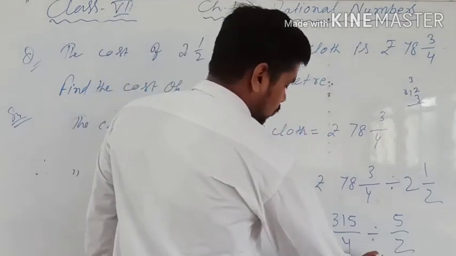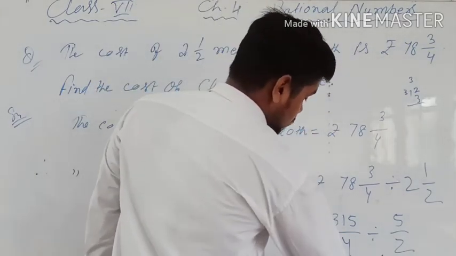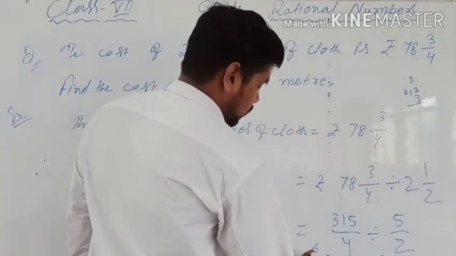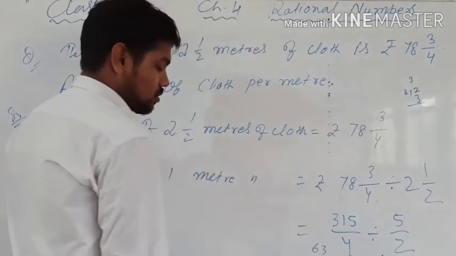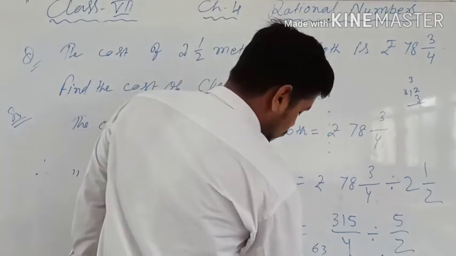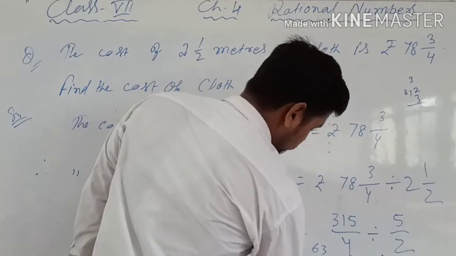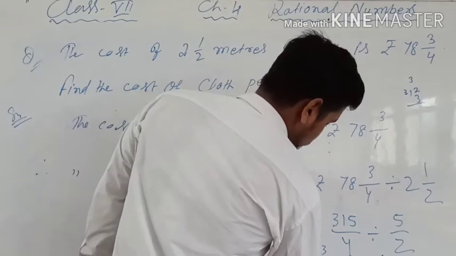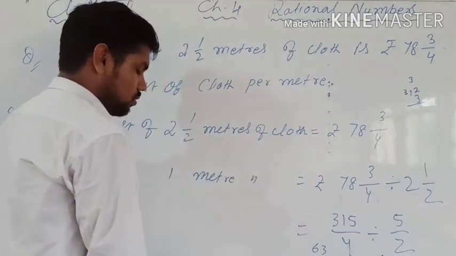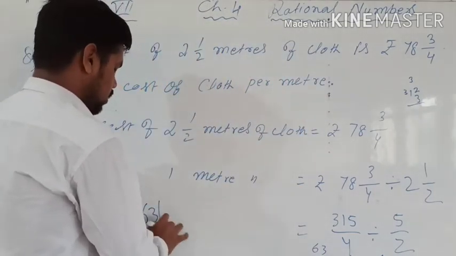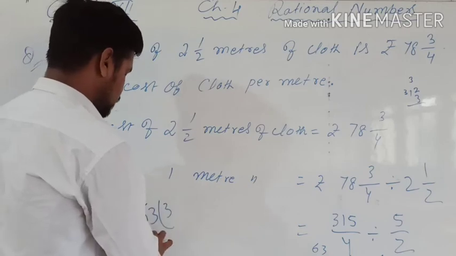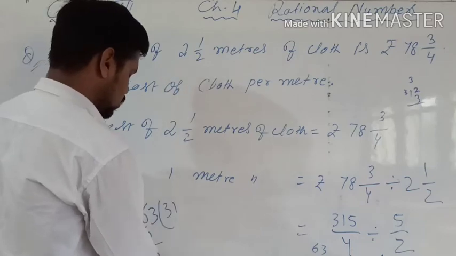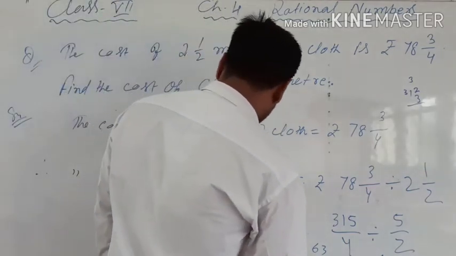2 1s and 2 2s are 4. This one will also be cancelled. 5 is there, so 5 6s are 30, 5 3s are 15. So 63 by 2. So 63 divided by 2. If you convert it into a mixed fraction, how much will it be? Check here: 63 divided by 2. 3 2s are 6, so 31 whole 1 by 2.